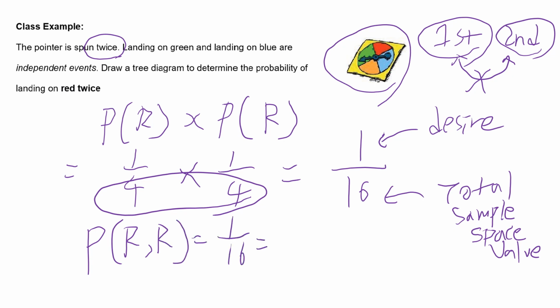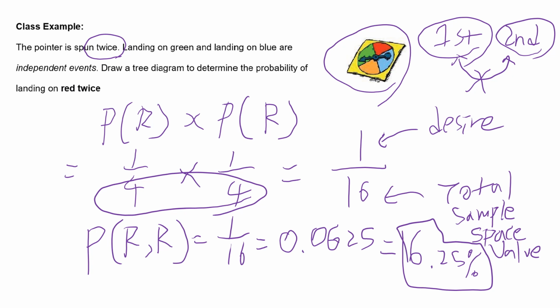If I calculate this using a fraction, 1 divided by 16 gives you 0.0625, and if you multiply by 100, it becomes 6.25%, and boom, that's how you can find the probability algebraically. And you can use it for as many events as you want.